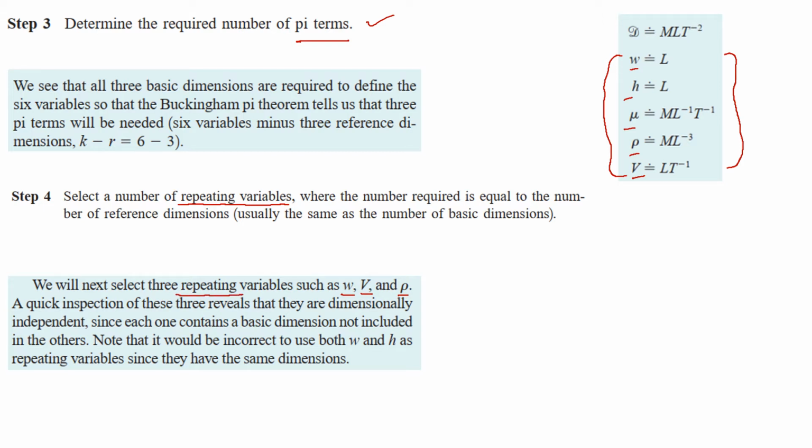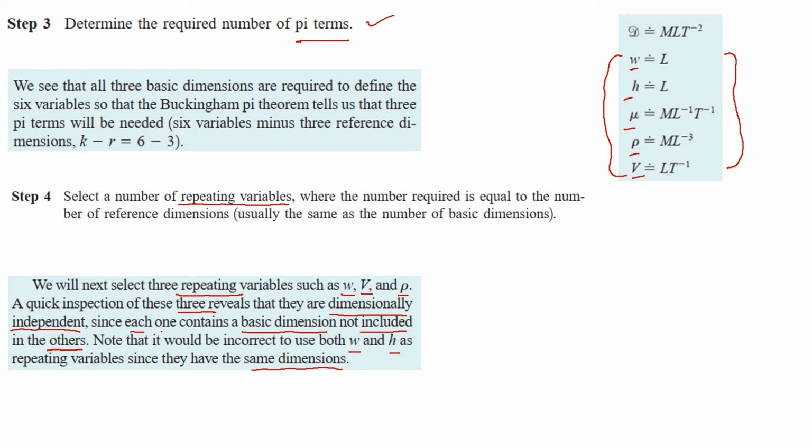A quick inspection reveals that they are dimensionally independent, since each one contains a basic dimension not included in the other. Note that it would be incorrect to use both W, that is the width, and height as repeating variables, since they have the same dimension.